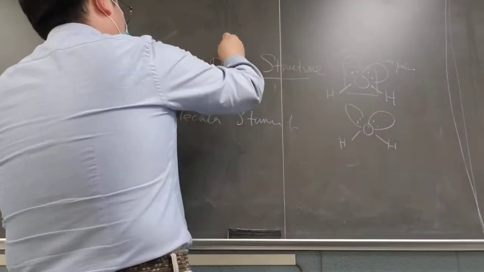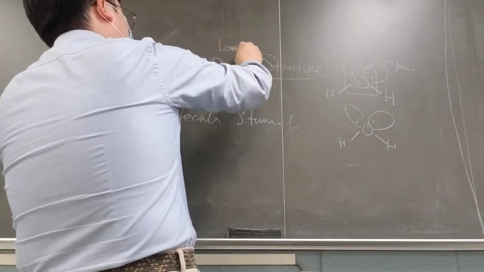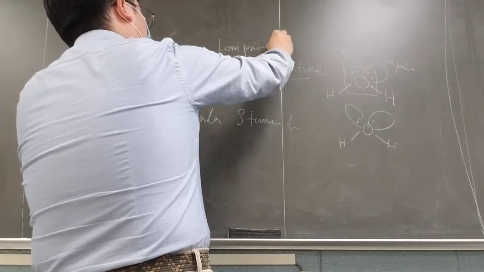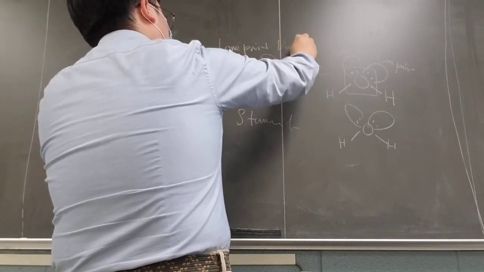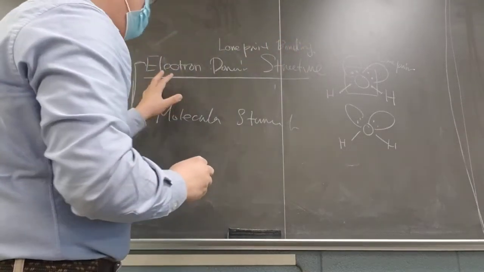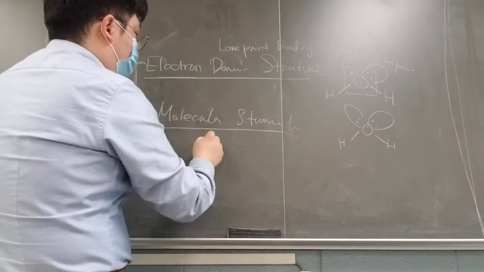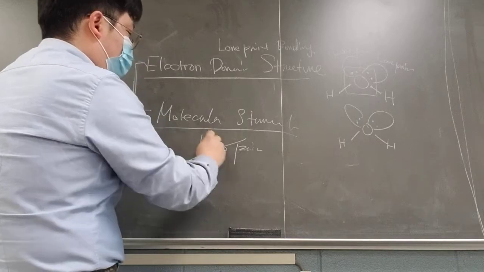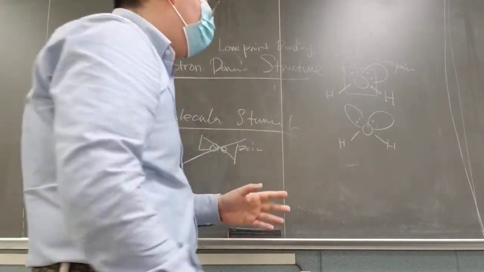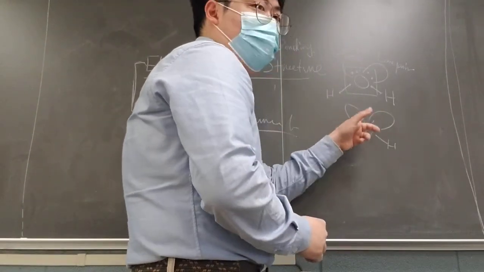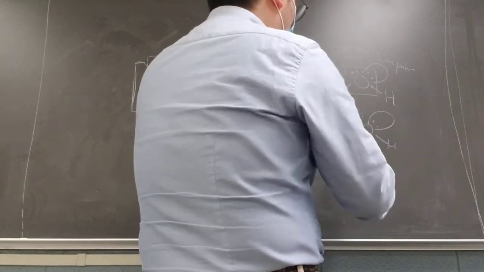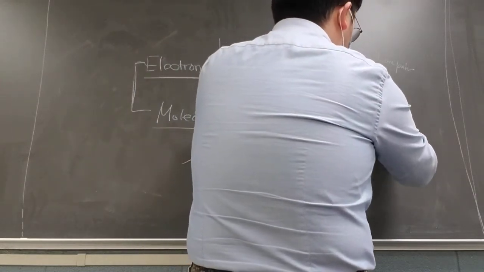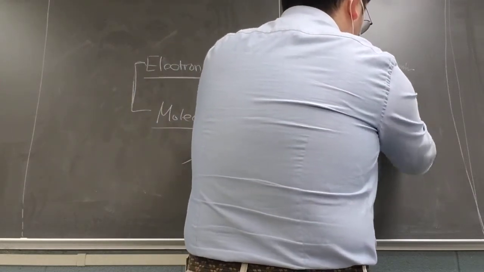So in the electron structure you count the lone pairs plus all the bondings. But for the molecular structure, you don't have to worry about the lone pair at all, just the bondings. So the electron structure is tetrahedral, but the molecular structure of water is just this one.